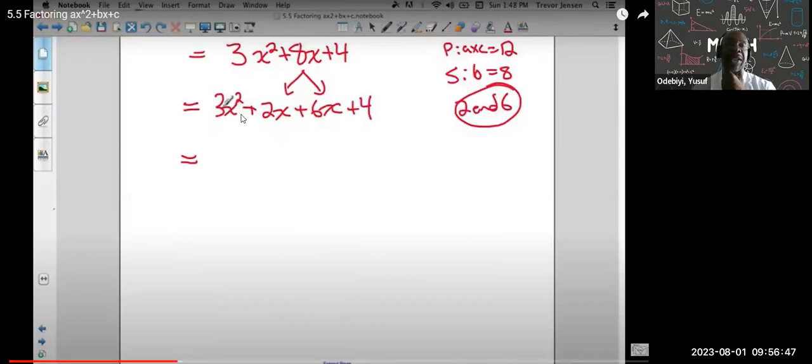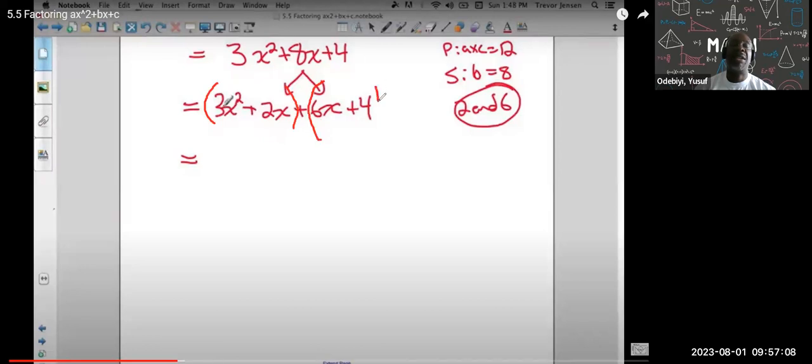So you have your 3x squared. Now this here turns into 2x plus 6x, and then you have plus 4 over here. So now when you do factor by grouping, I'm going to put brackets around these columns here. Okay, so I factor that. What can I do in this bracket?